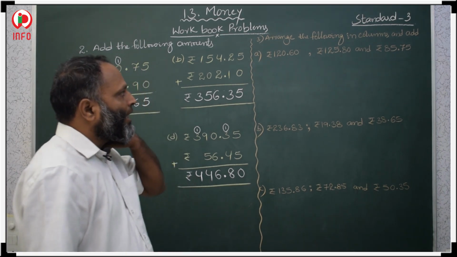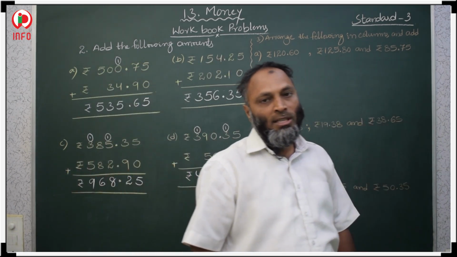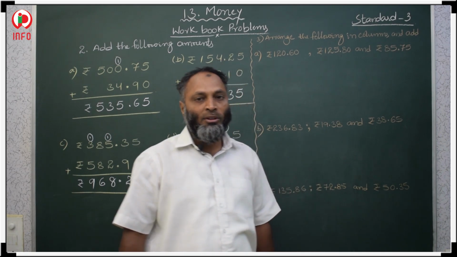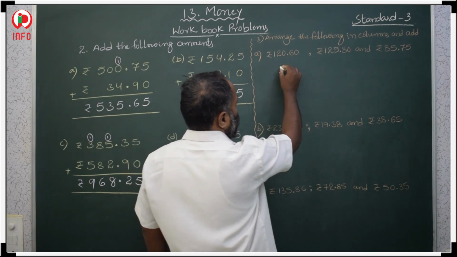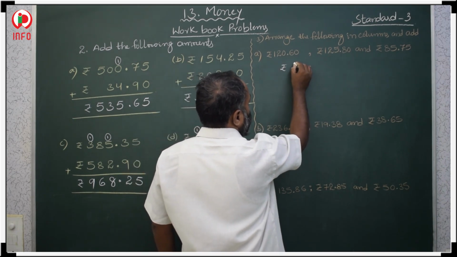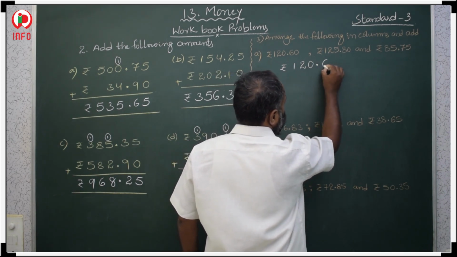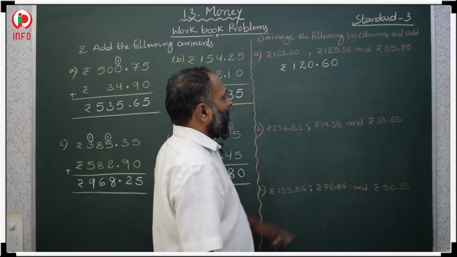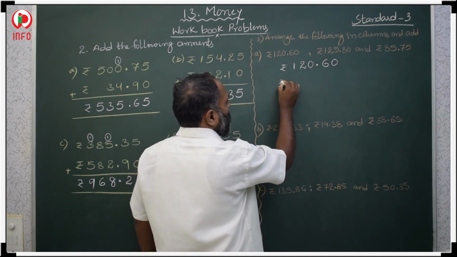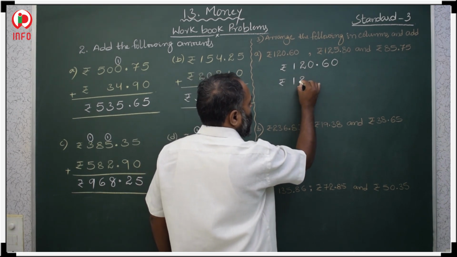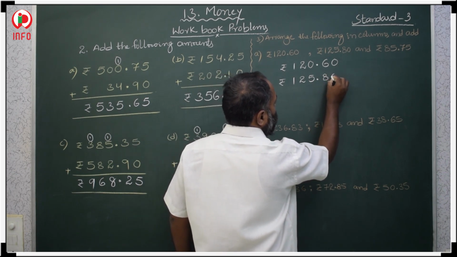Now, arrange the following in columns and add. Here some amounts are given. First we should arrange the amounts in columns and after that add. See here, first what is given? 120 rupees 60 paisa. Then the second amount, 125 rupees 80 paisa.